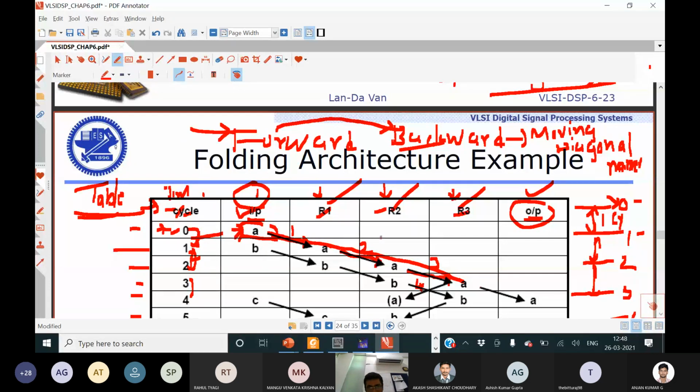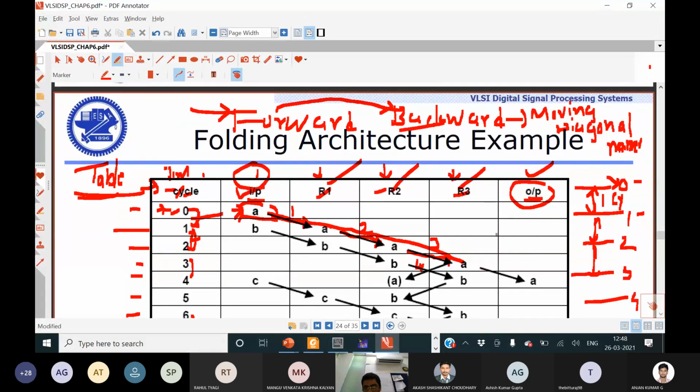So first clock cycle, second clock cycle, third clock cycle. Now here there is output. There is no next register available. This forward backward allocation always exists for a register. Please don't be confused. This is applicable for registers only. So I am moving from input, of course, the starting point is input. Once your journey is completed, you consider that journey's destination as the output.